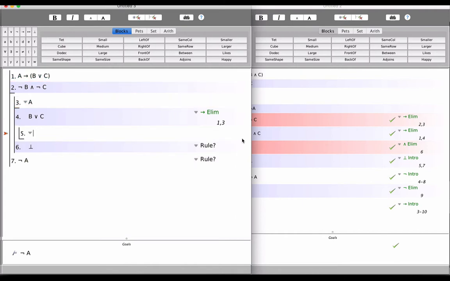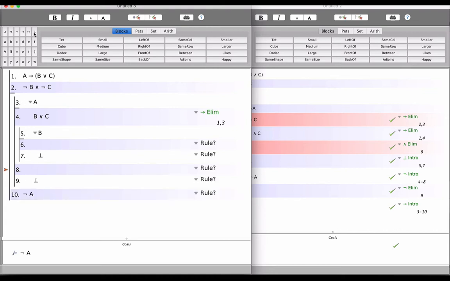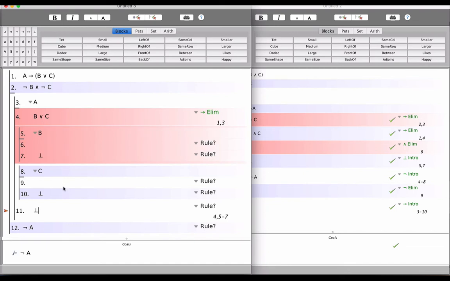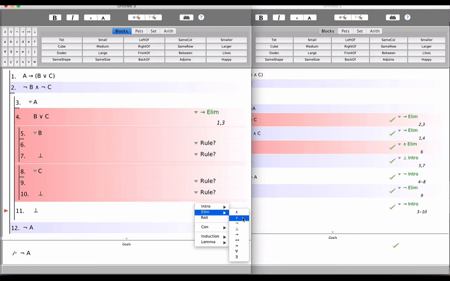Going to start the first of 2 nested subproofs. First, assuming B, generating a contradiction, exiting the first subproof sequence, starting the second subproof sequence, from that inferring a contradiction so that I can get out of the disjunction elimination subproof and say, look, from lines 4, 5 to 7, 8 to 10, I generated a contradiction. So in either case, at line 11, I have a contradiction.